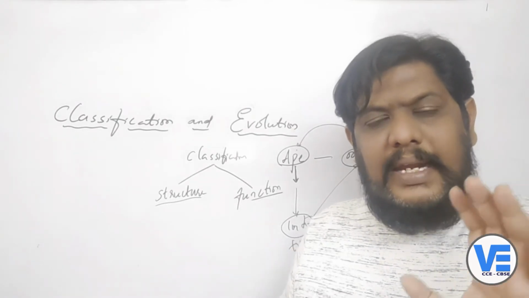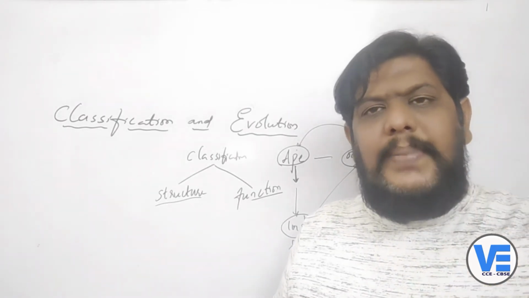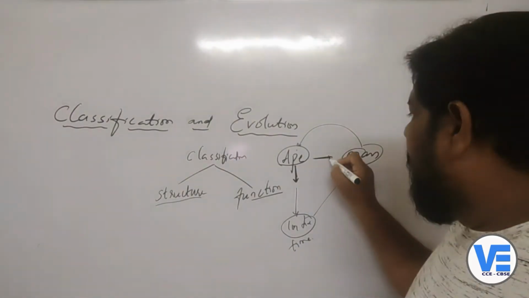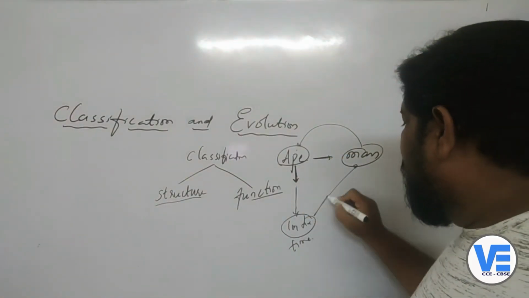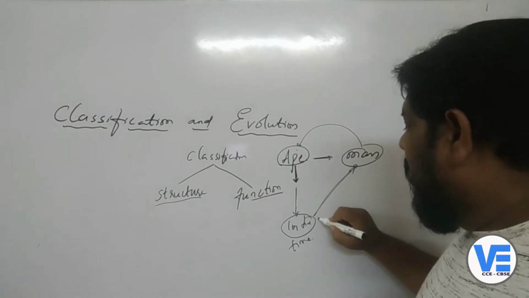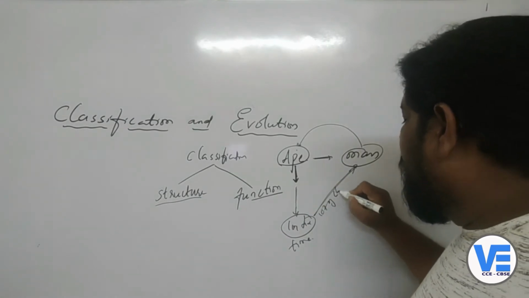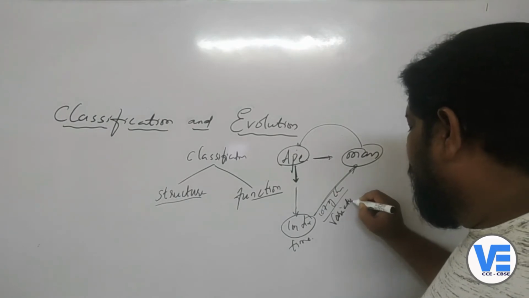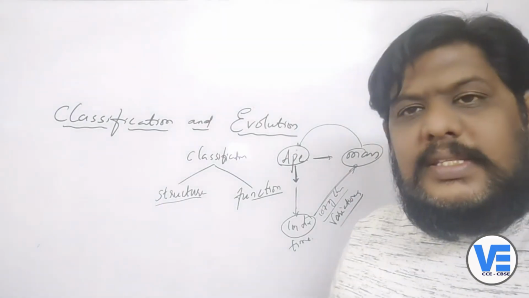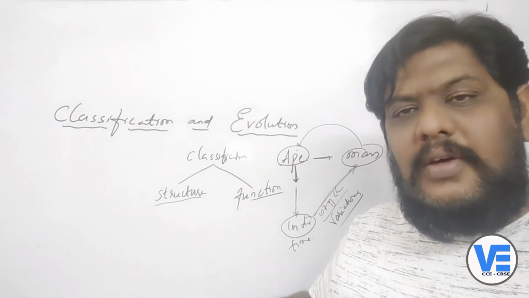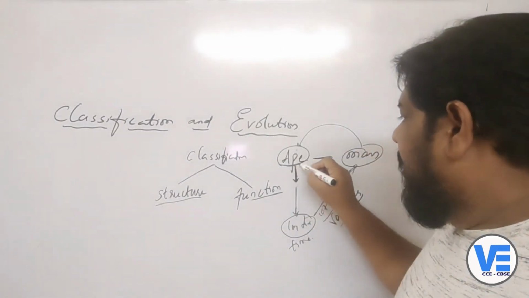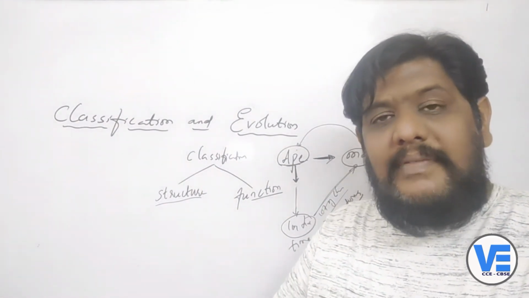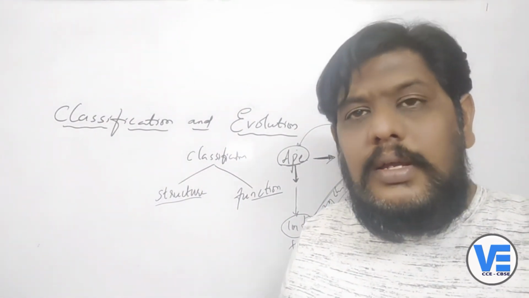To transform from ape to man has taken a very long time. In this, a lot of changes you can see. All these changes, we call them variations. You can see a lot of variations from the time ape transformed to man. It might have taken a very long time.